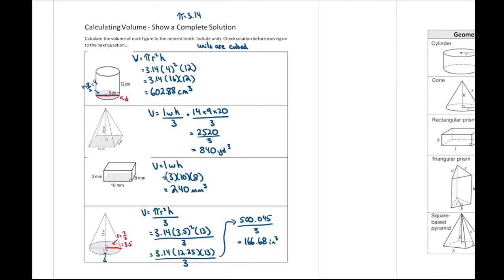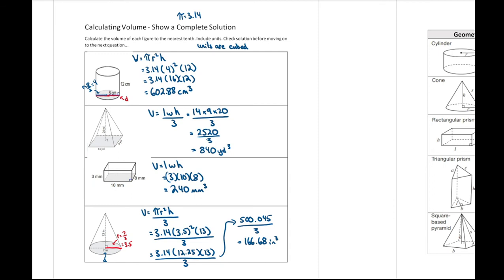The main thing is making sure that we have all the measurements when dealing with any 3D object that has a circle in it. We want to make sure that we know the diameter and the radius. The radius is the most used one in the formulas, so that's why we need to figure that out. Remember the radius is half the diameter, and then making sure that in the end, once we do our calculations, our units are cubed.